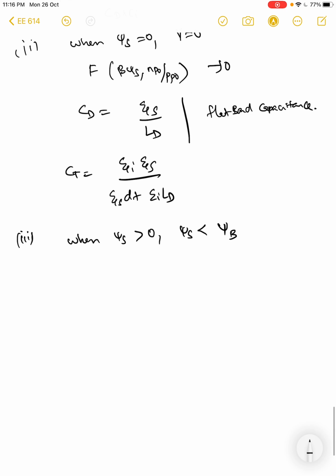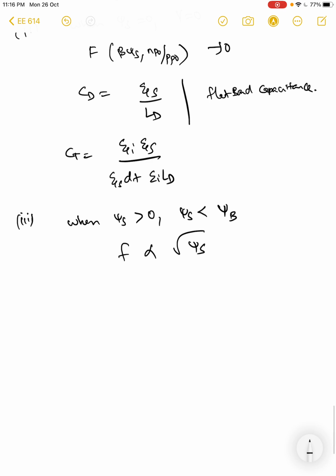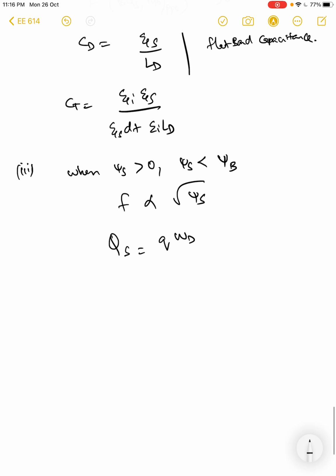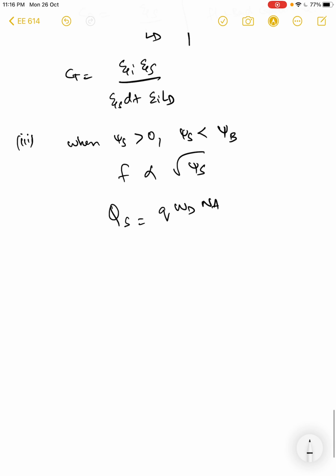Under this situation we know that f goes as root of psi s, and we know that the total charge in the depletion width is q W_D N_A, and with this you can substitute into our previous equations that V, the total applied voltage, is V_i plus psi s, and V_i is Q_s d by epsilon i.